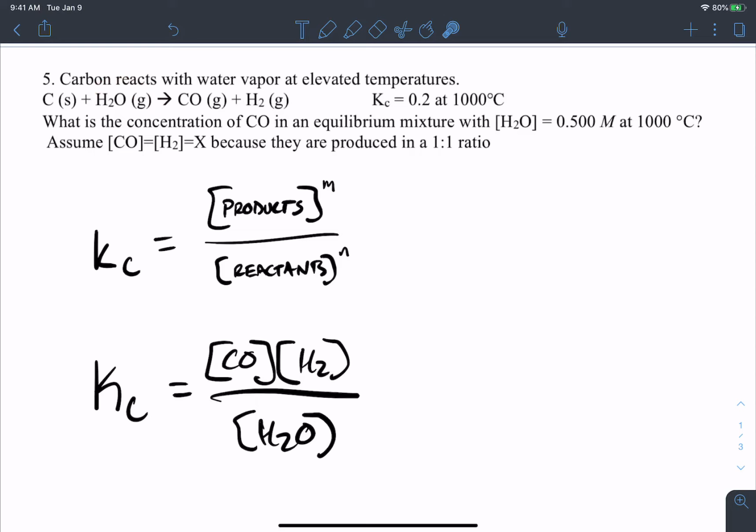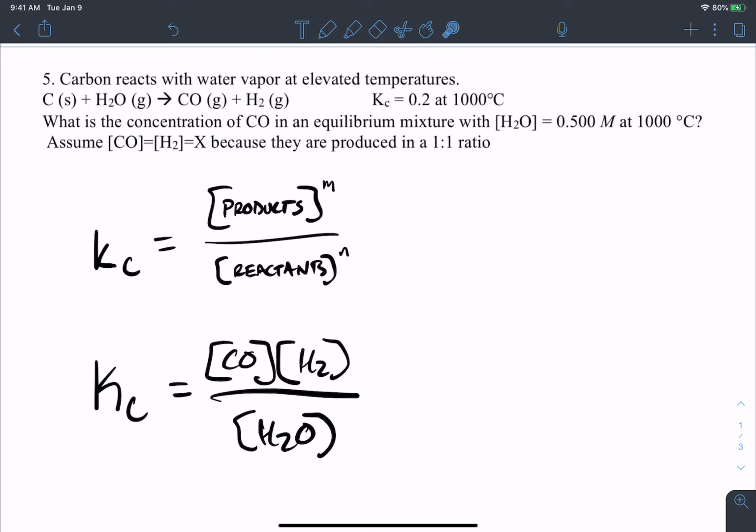Notice that we've omitted carbon from the K sub C expression because it is a solid. So any condensed phases, like solids or liquids, will be omitted from the K sub C expression. Or if you want to include them, you would insert a 1. So you would just be multiplying or dividing by 1. So it's easier to just omit them.